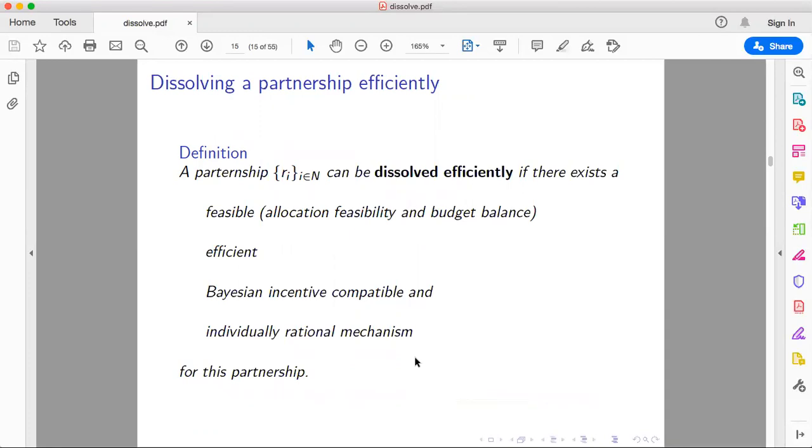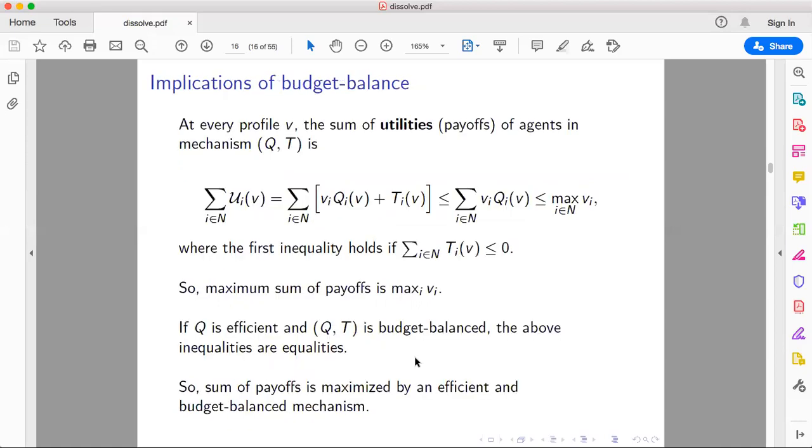We defined what we mean by dissolving a partnership efficiently. A partnership, which is a share vector, can be dissolved efficiently if there exists a feasible mechanism, meaning that the sum of Qi(v) is less than or equal to 1 and budget balance holds, that is efficient, Bayesian incentive compatible, and interim individually rational for this partnership. So that's what we mean by dissolving a partnership.